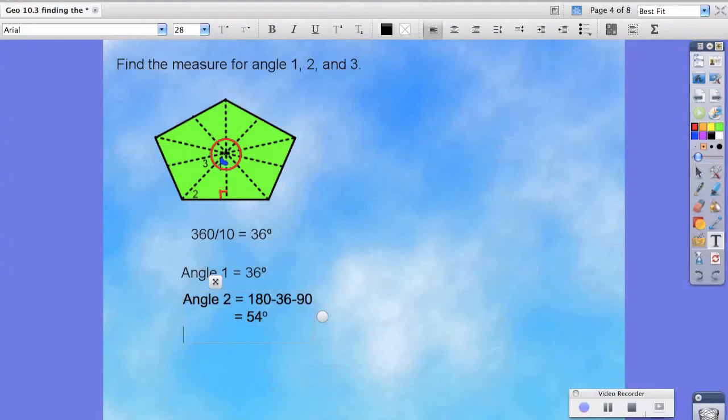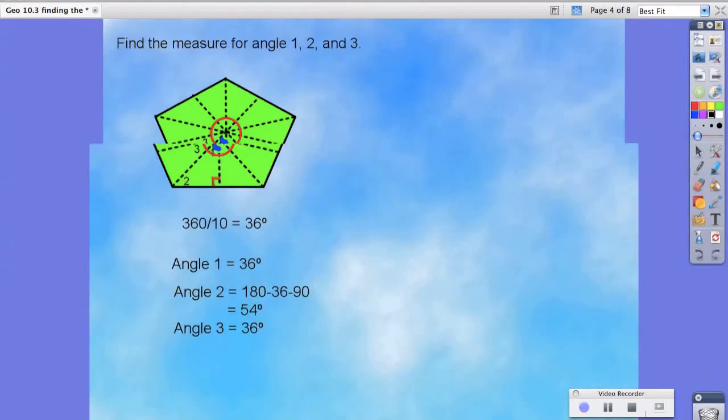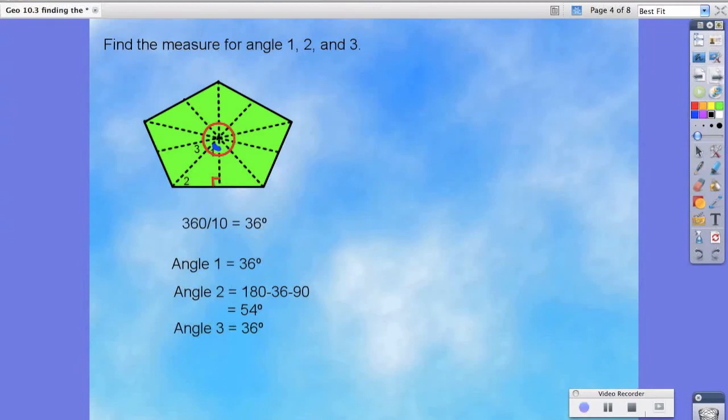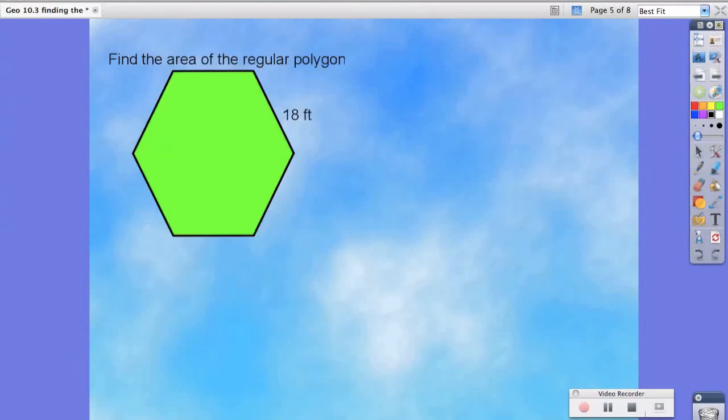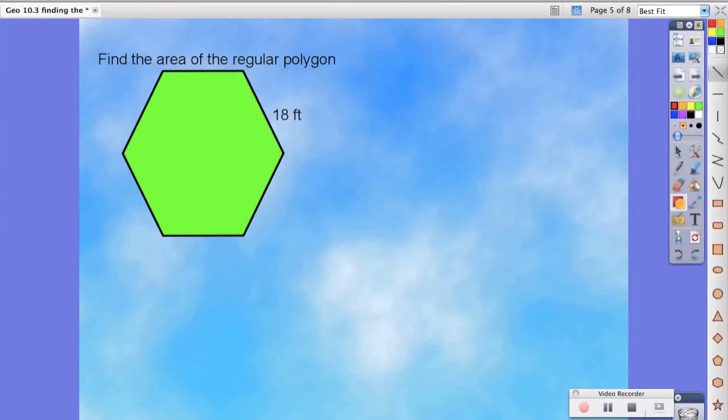Just a note, because it's a regular polygon, that means that angle 1 and angle 3 must be the same angle measure. Therefore, angle 3 is also 36 degrees. And that's going to help you later on this problem, but we're going to move on and actually find an area of a polygon. So, we're going to break this down a little bit more so you can see how this works.